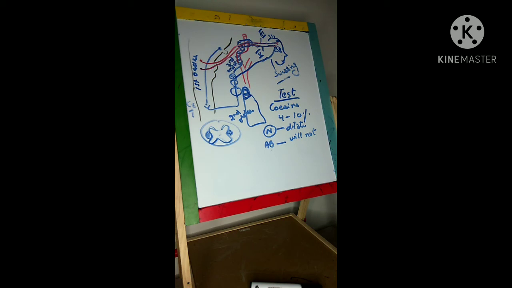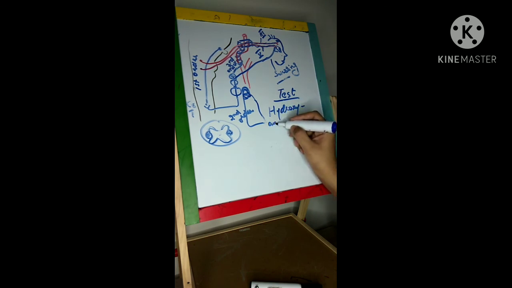Now I will tell you about the tests, how to differentiate whether this lesion is Horner syndrome or not. The first test is the cocaine test. We give 4 to 10% cocaine, 2 drops in each eye. Cocaine inhibits norepinephrine reuptake, so we have more norepinephrine in the area of the synapse.